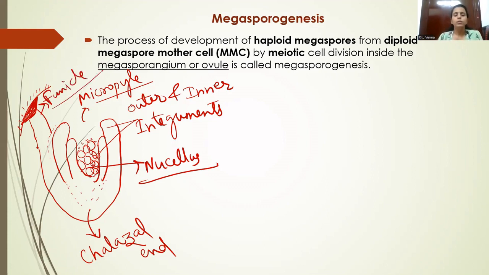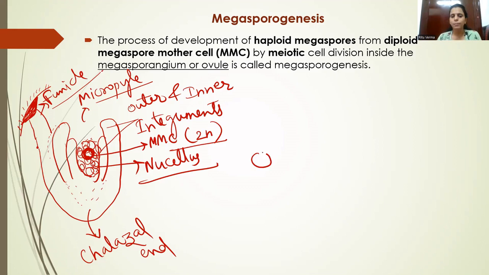Now what happens is, in the cells of this nucellus, one of the cells grows and develops into the megaspore mother cell. So one of the cells present in the nucellus of the ovule enlarges and develops into the megaspore mother cell. This megaspore mother cell is a diploid cell.